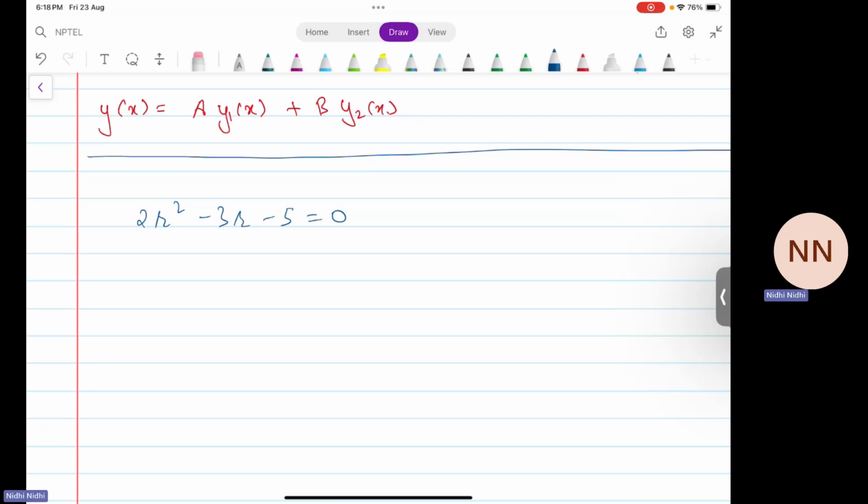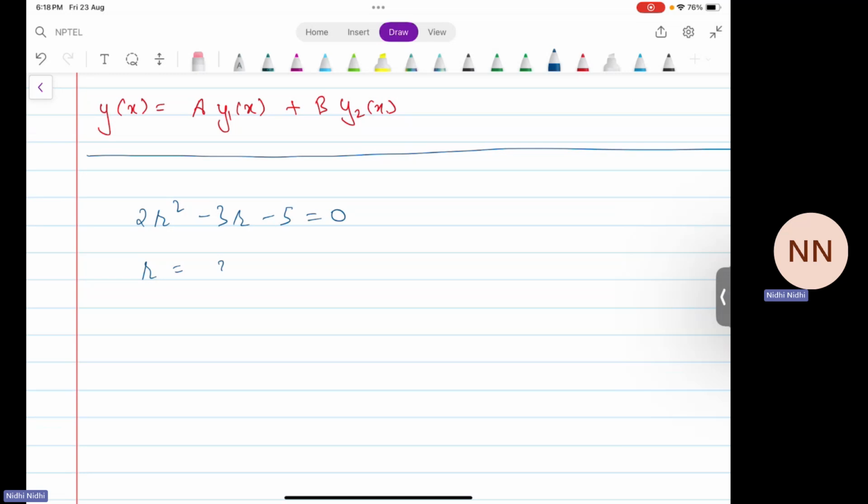So its roots are r is equal to 3 plus minus square root of 49 by 4, which will give us 5 by 2 and minus 1. Clearly both the roots are distinct. Moreover, their difference is not integral. Therefore, we'll directly get two linearly independent solutions corresponding to different values of r.